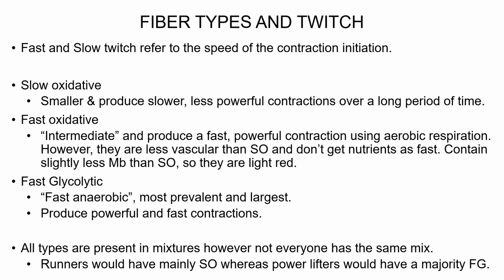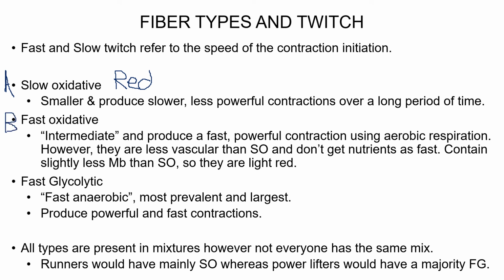So in no particular order, the first one I want to introduce is slow oxidative. These are the ones that are going to use oxygen, so they're going to have a lot of myoglobin, and therefore this is going to be more of the dark meat. This is going to be the red. And once again, the red stuff is slow. Okay, I'm going to put A, B, and C just to not confuse you with the numbers.